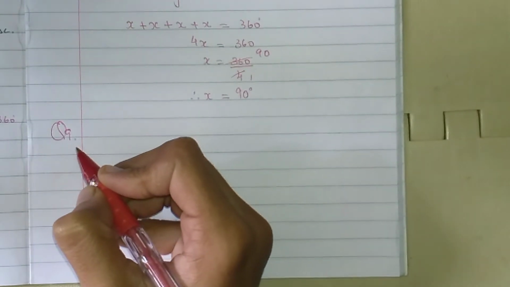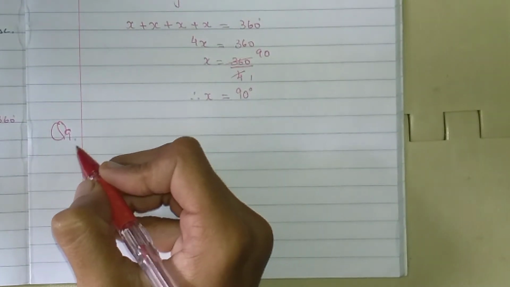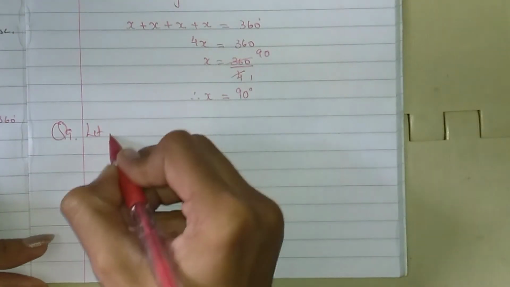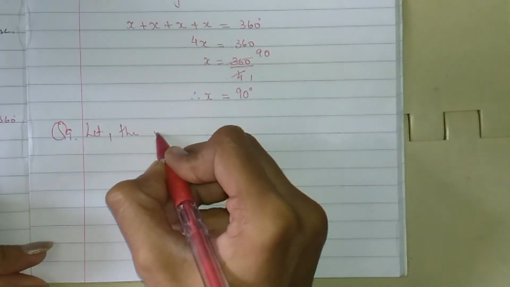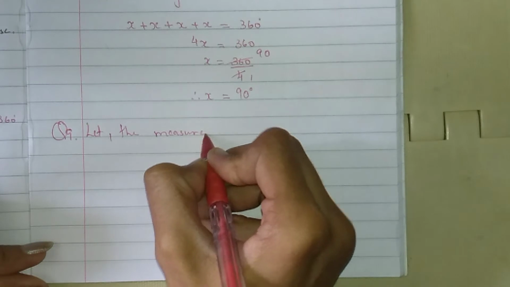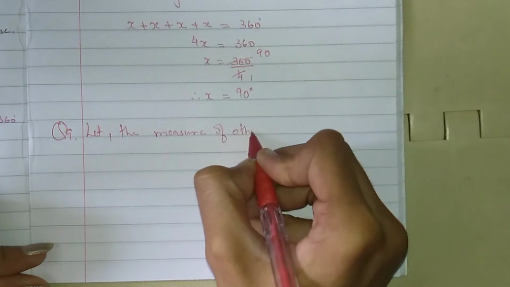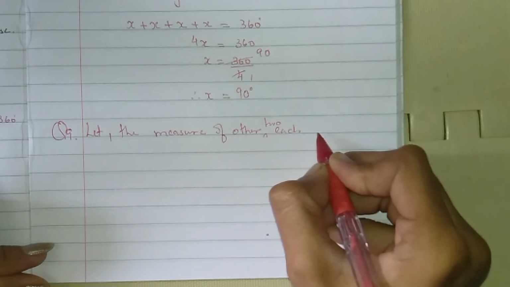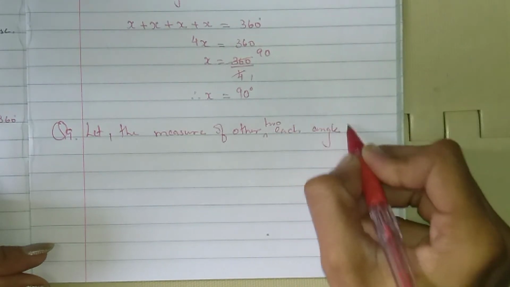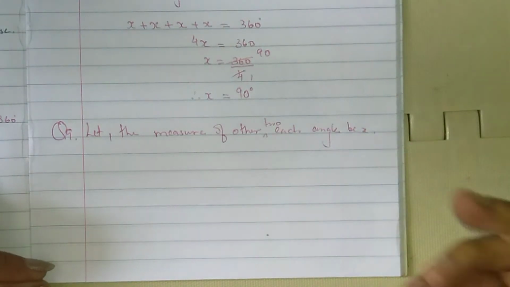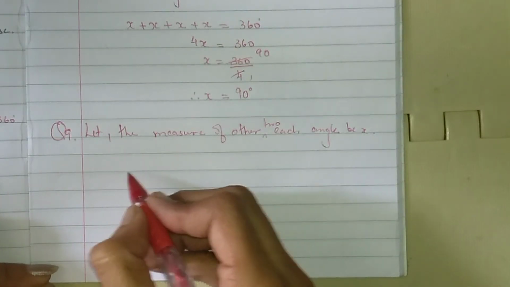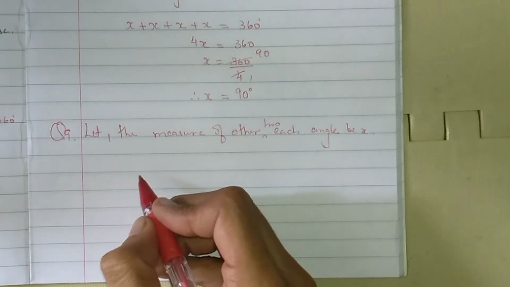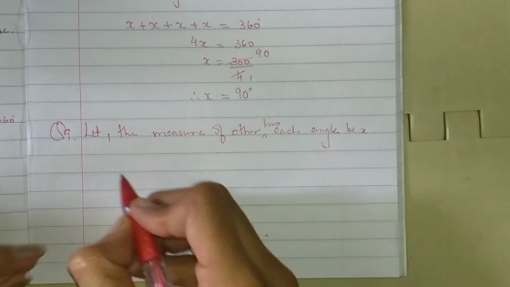In question number 9, let the measure of each of the other 2 angles be x. Now we know the sum of angles of a quadrilateral is 360.